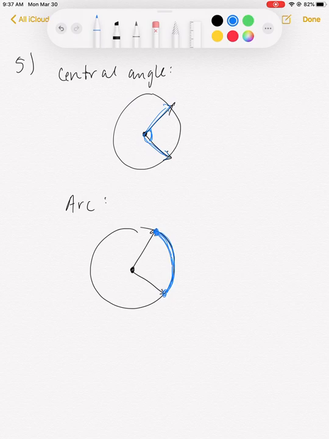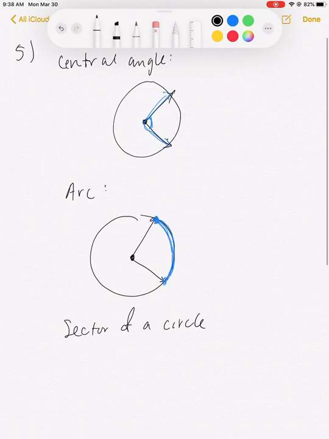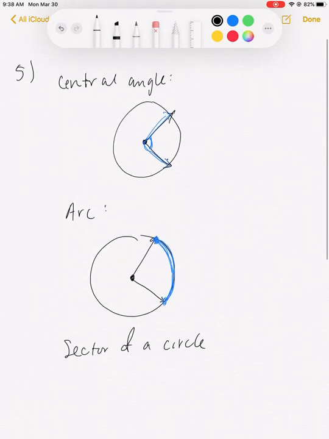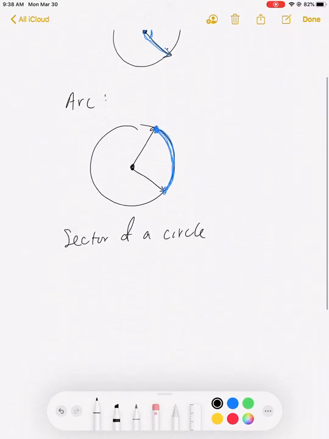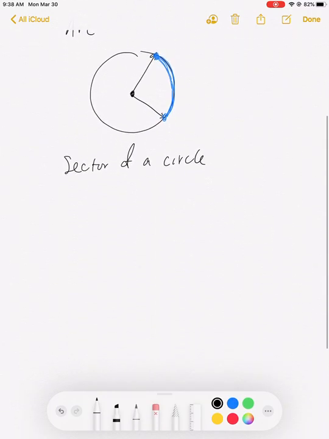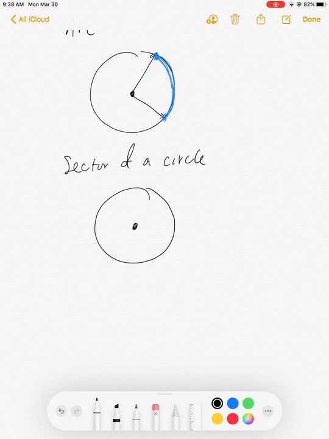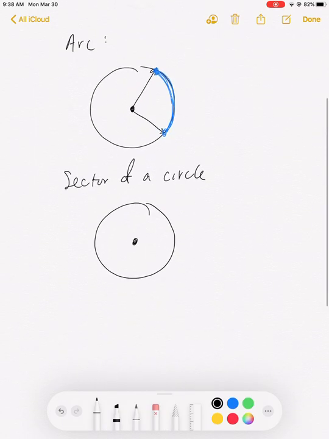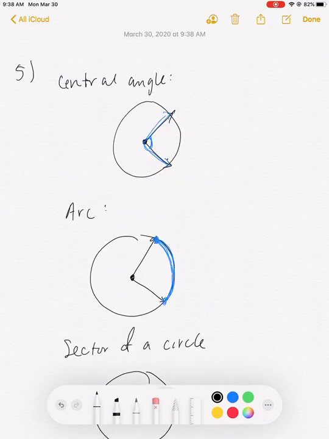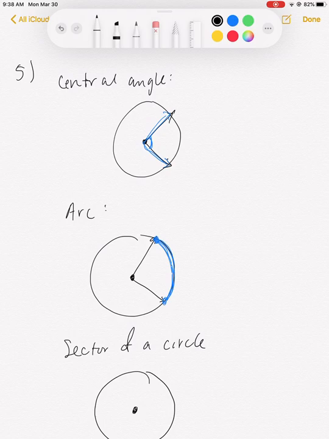The sector of a circle is the portion of the disk that lies within the central angle. So we have our circle, and a portion of it lies in the central angle.